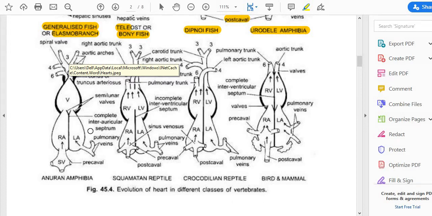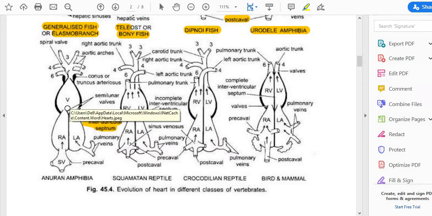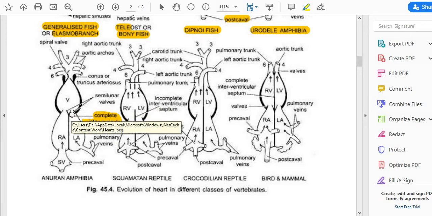So here the major difference we find is the complete interauricular septum. In between the auricles and the ventricle, we find semilunar valves. So this is about the anuran heart, that is the frog heart.